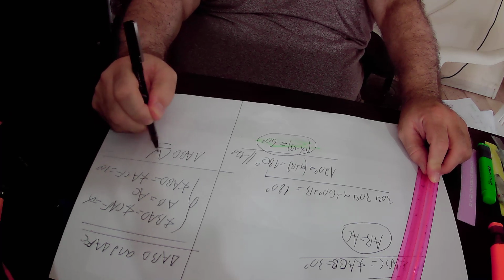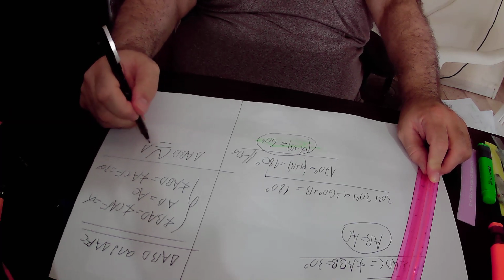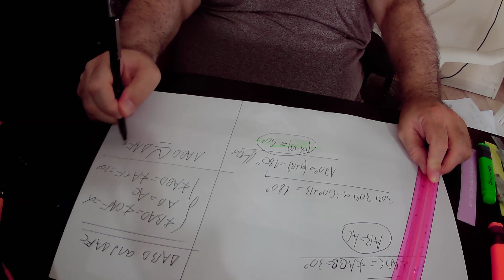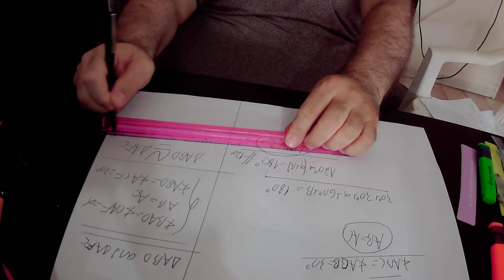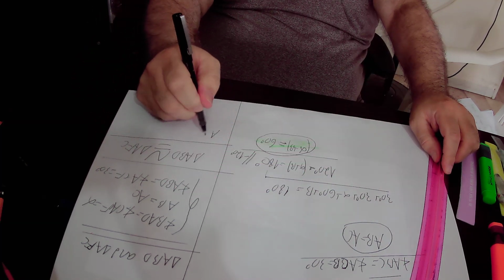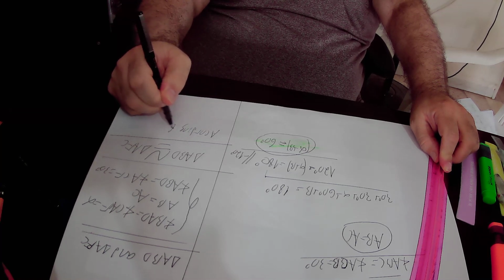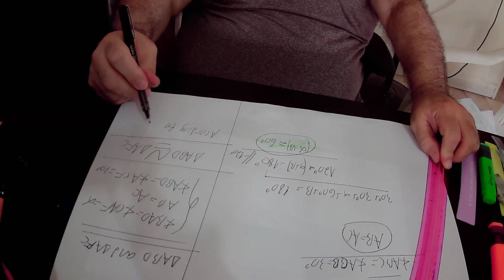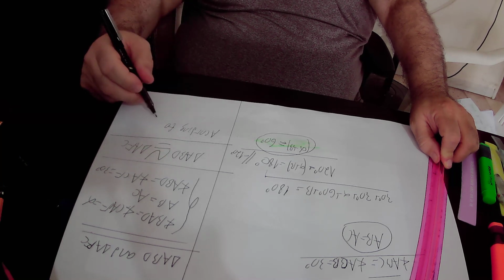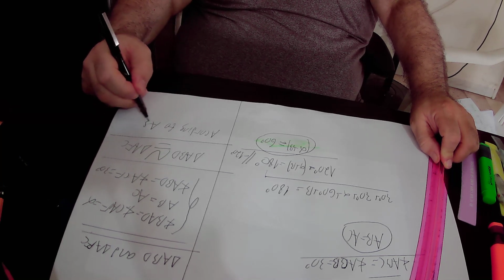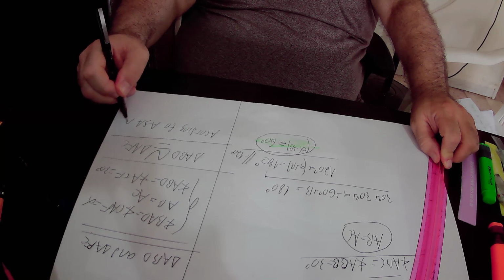congruent, this is the sign of congruent, to triangle AFC according to side angle rule. Angle side angle rule.